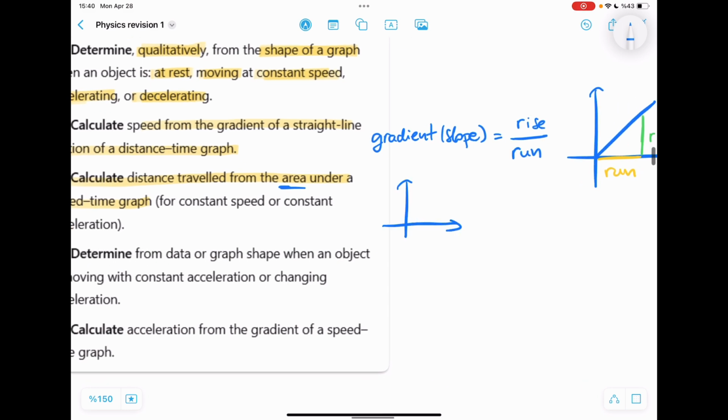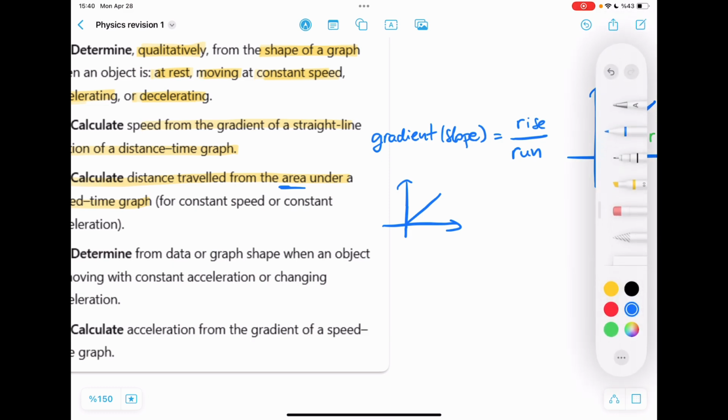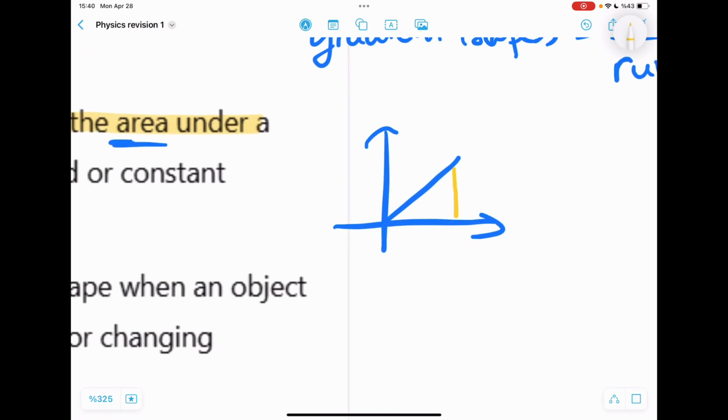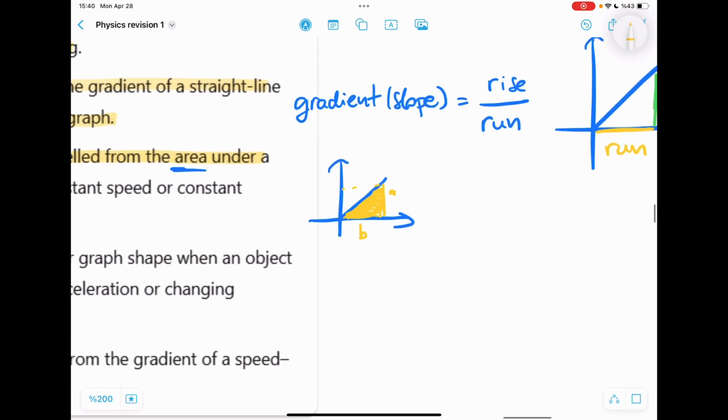If I have a graph and a straight line, as a linear, then to calculate the area below a line, which I need to color in somehow, because I want to know this area, and I say that this is some value A and this is some value B, because we see this is a straight triangle, it would be A times B divided by 2. So this would be the area under a graph.